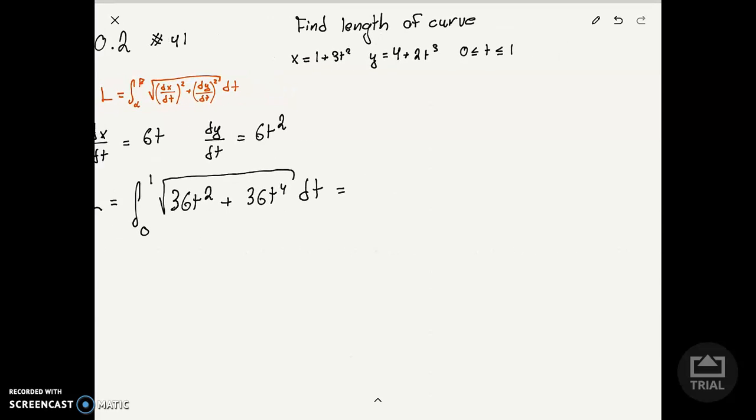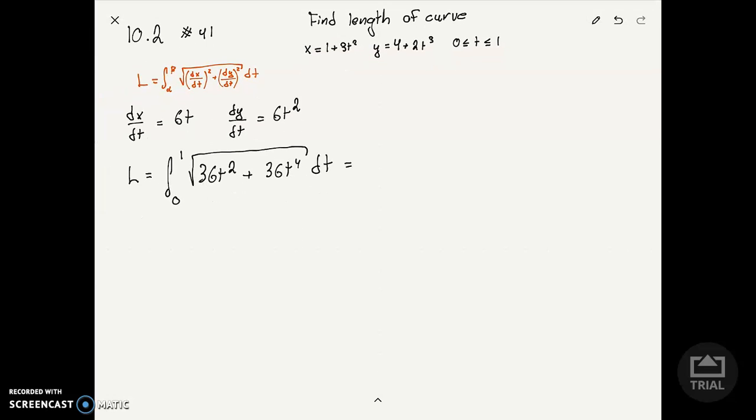To simplify this, we can see that they have some common factors. So let's pull some stuff out. From 0 to 1, I'm going to do it in two steps, pulling 36t squared out of both of them, dt. This portion, the product of roots, can be separated, right?